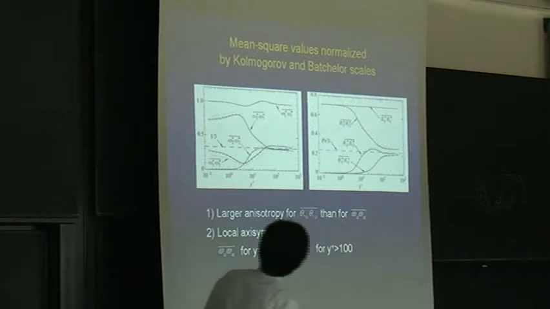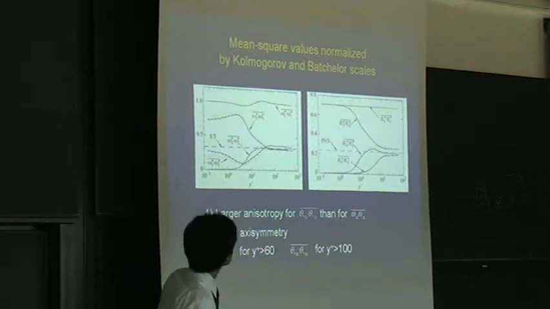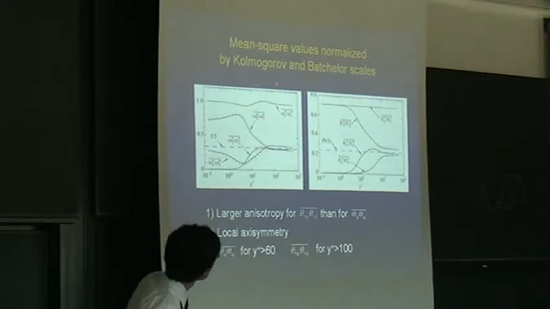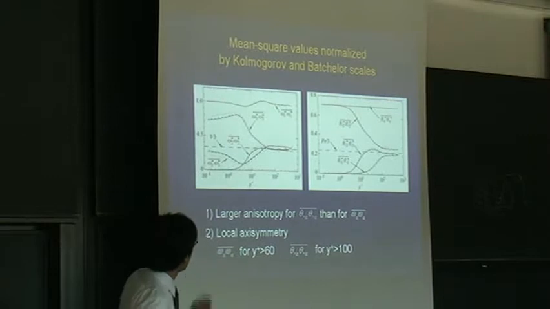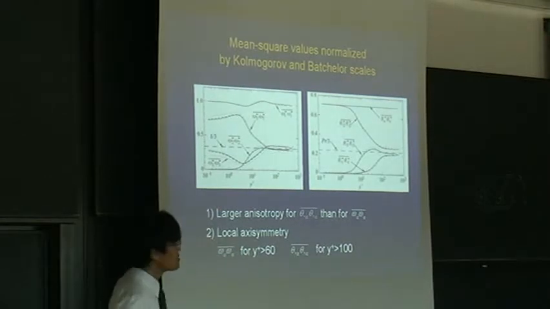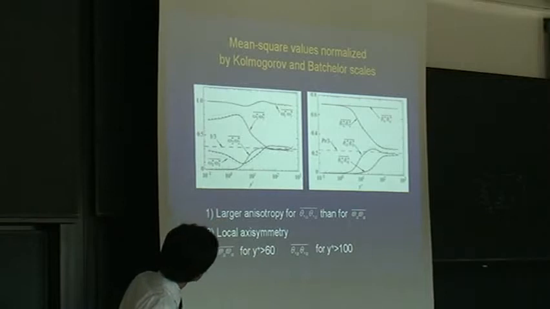Also, these are the same mean square values, but with a different normalization, such as the Kolmogorov and Batchelor scales. When isotropy is satisfied, the vorticity component goes to one third, and the scalar derivative component also goes to one third.